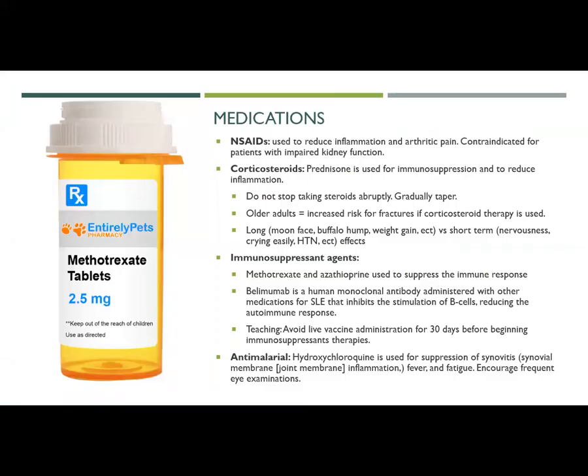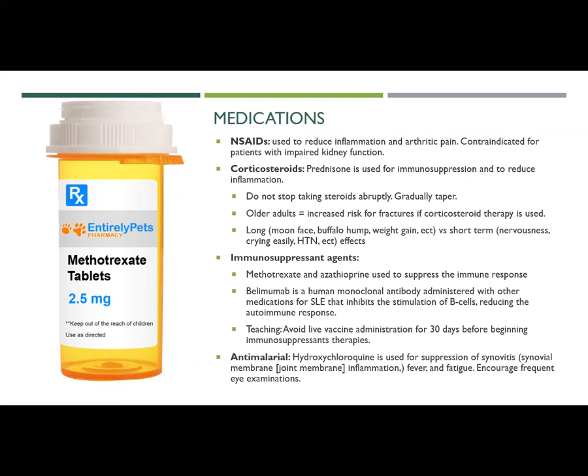So the next thing is our medications. So the first thing they're going to do is give them NSAIDs. These NSAIDs are used to reduce inflammation and hopefully help with that arthritis pain. It's contraindicated with patients who have impaired kidney function. The other thing that you're going to see a lot with our autoimmune is corticosteroids. If you're not familiar with corticosteroids, my suggestion to you is go back and refresh yourself on them, because these steroids are very, very big in the autoimmune world.